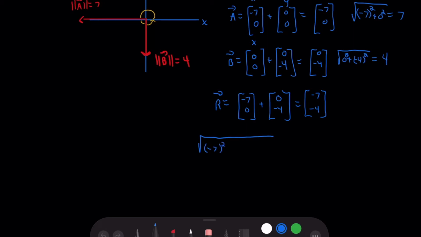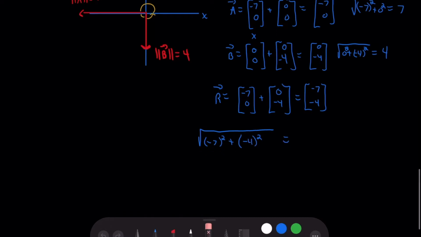And so here we are going to end up with the square root of 49 plus 16, which is 65, square root of 65. So the magnitude of r is the square root of 65.